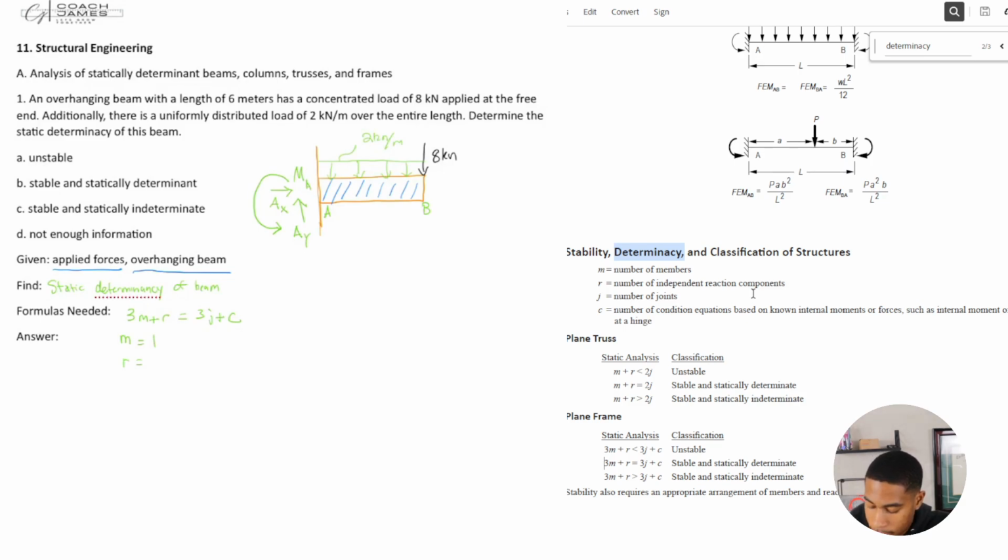You've got 1 in the Y, 1 in the X, and then your moment. So that's 3. You have 3 reactions.